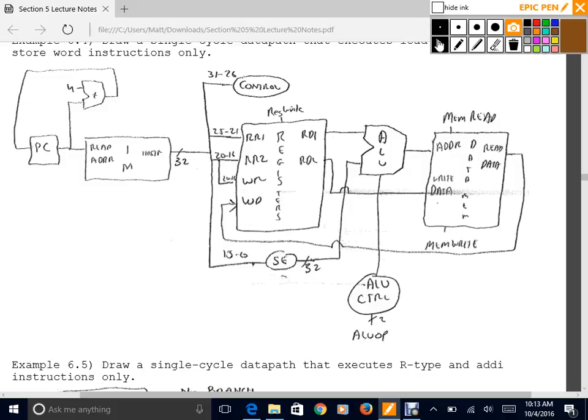What about shift amount? What is the shift amount? They put a shift left or shift right. What bits is it in the R-type instruction? 10 to 6, very good. And where does it go?